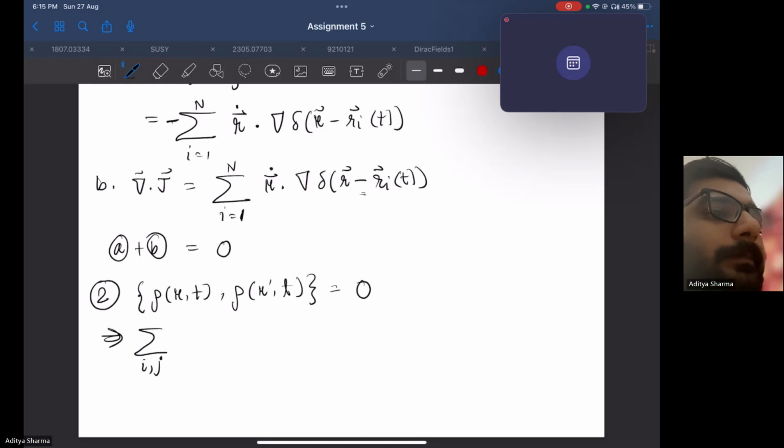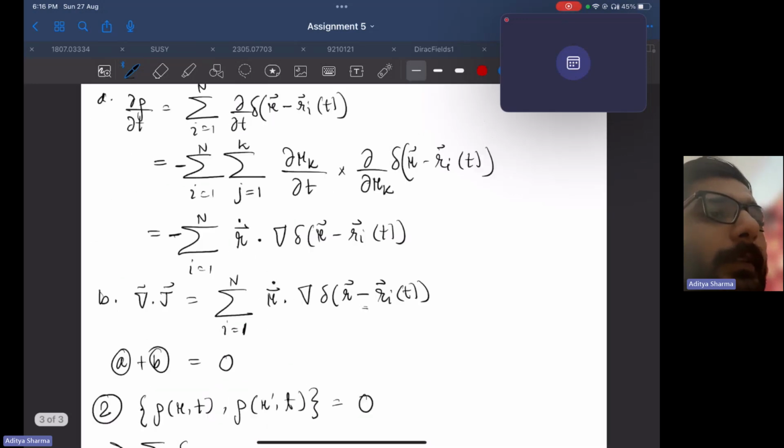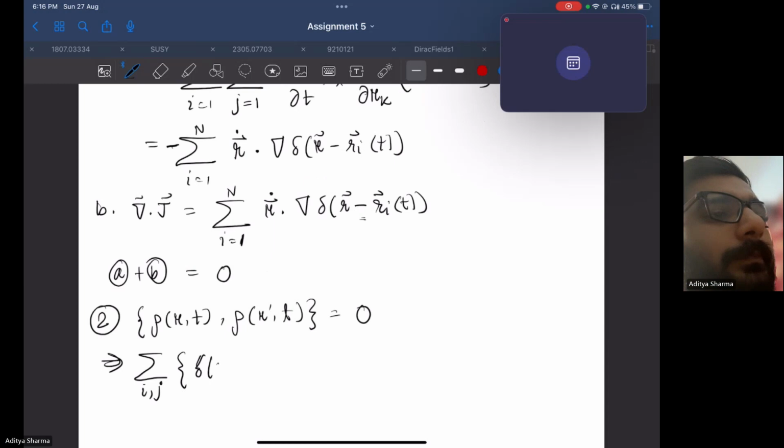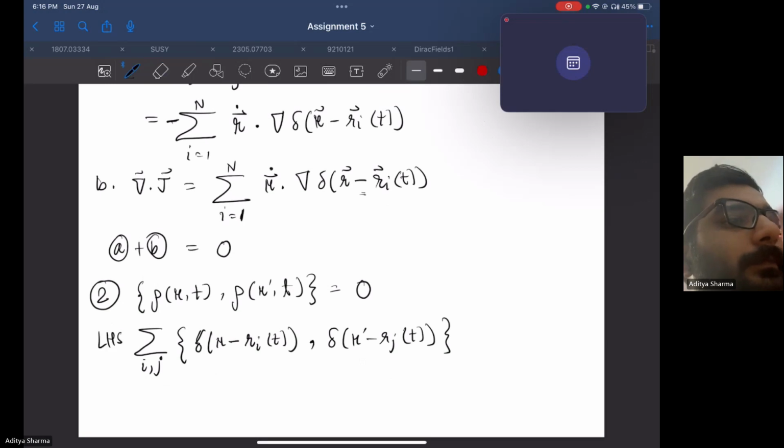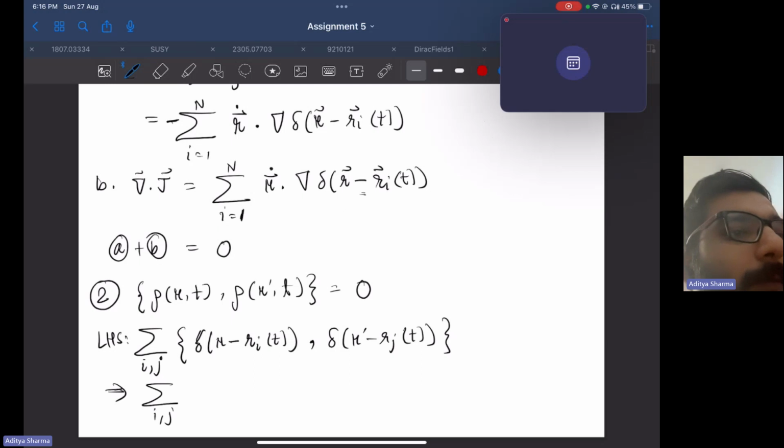the summation over i, j, just plugging in the values: Dirac delta of r minus r_i(t), Dirac delta of r prime minus r_j(t), which implies a summation over i, j. There are no momenta here, so the Poisson bracket is only with respect to r.